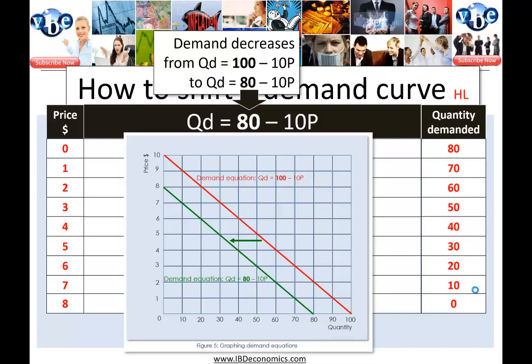That 100 has decreased to 80, and our demand equation has now become quantity demanded equals 80 minus 10p. Shifted to the left. And I think you can see from that, if demand increased, then that original demand equation, QD equals 100 minus 10p, the 100 would have got bigger, would have shifted to 110, 120, 130, etc., etc.